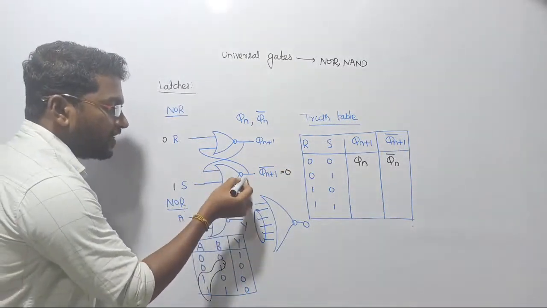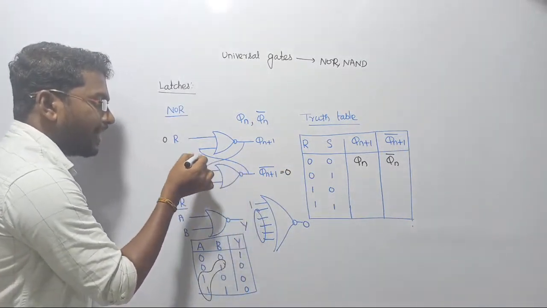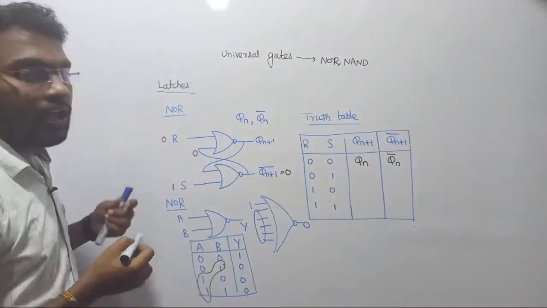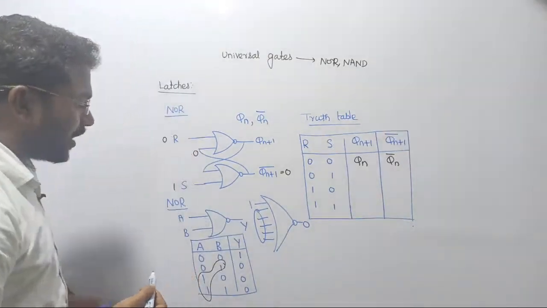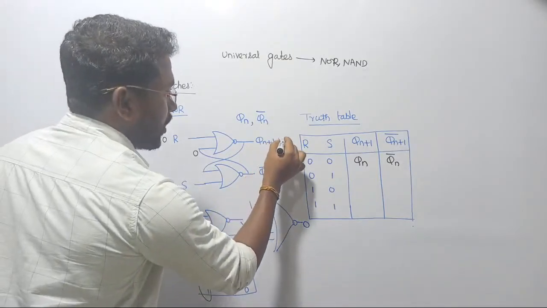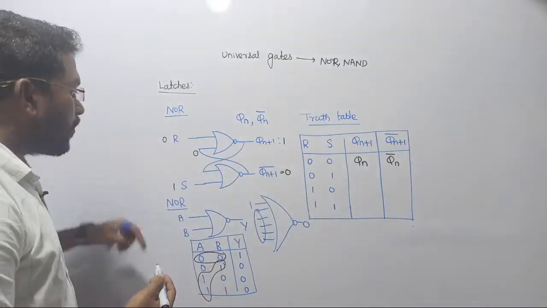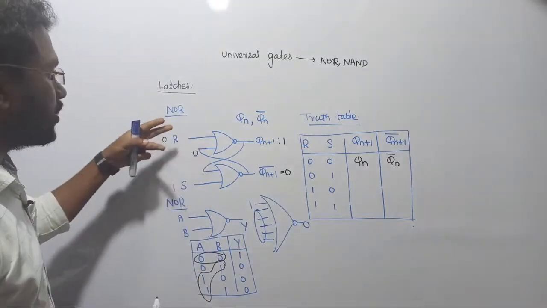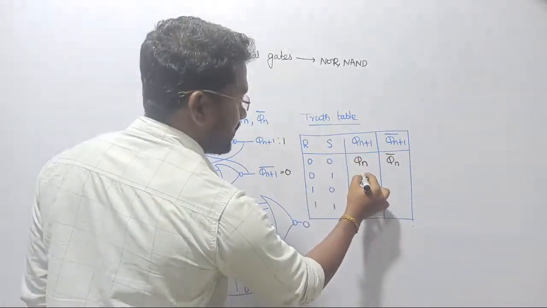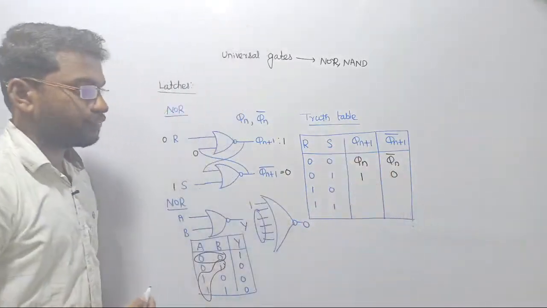This output goes in the feedback line and reaches the input of the second NOR gate, such that 0 0 will give you what? Whenever we pass 0 0 through the NOR gate, the output becomes 1. So it clearly denotes that while passing 0 1 as the input for this NOR latch, our outputs are going to be qn plus 1 is 1, and this is going to be 0.